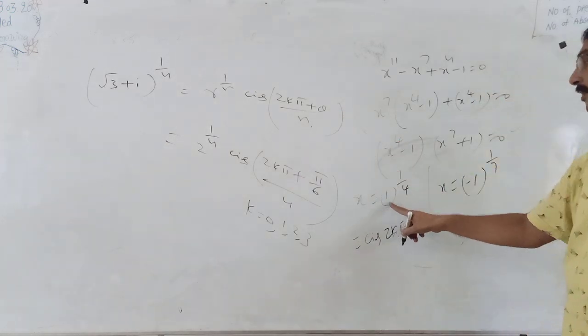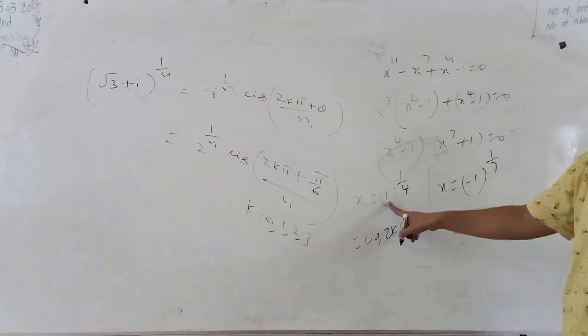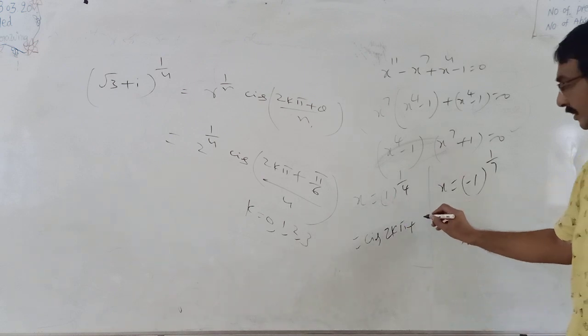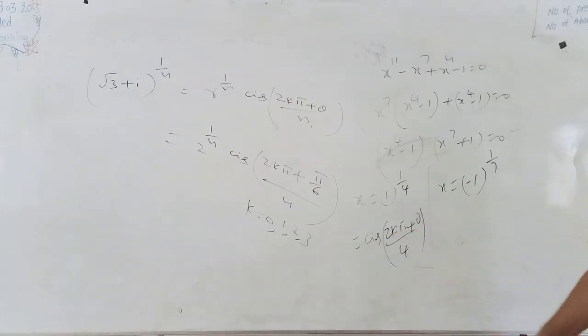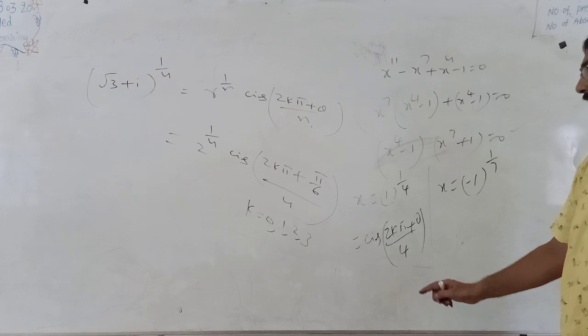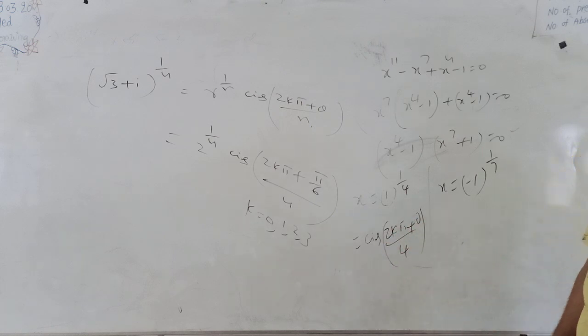Theta is the argument of 1, which is clearly 0 because it lies on the positive x axis. n is 4, and k equal to 0, 1, 2, 3. So cis of 2k pi by 4, that is nothing but cis of k pi by 2.